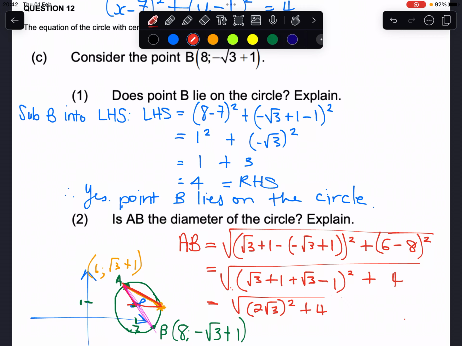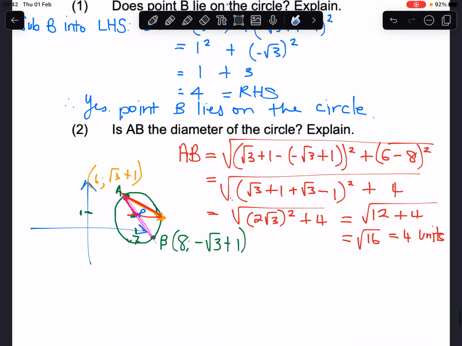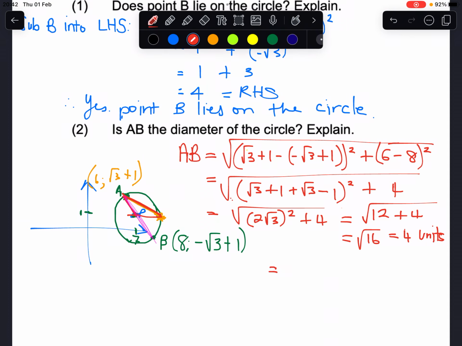Right. So that ends up being 4 times 3, which is 12, plus 4, which is the square root of 16, which is in fact 4 units. Right. Which is equal to the length of AP plus PB.